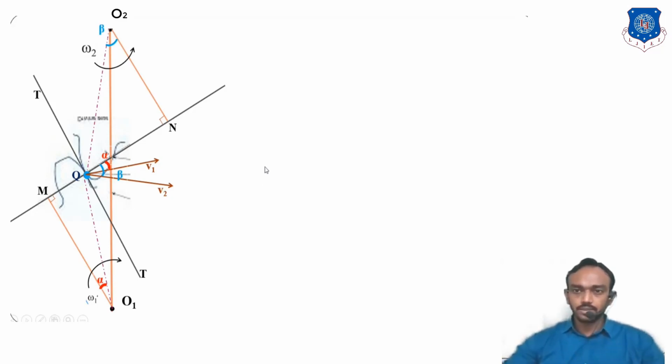Now we draw a normal on MN, and you can see there is a velocity triangle QED. So first you can see V1 cos alpha and V2 cos beta.